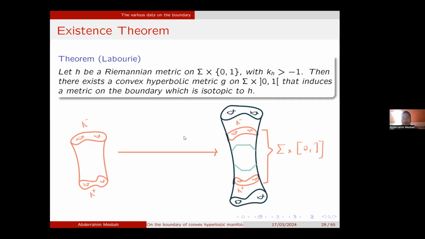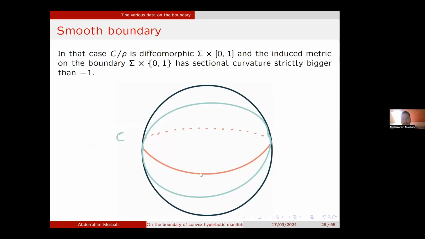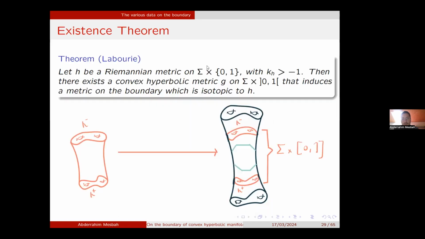So here on the right, the whole manifold, which is in black, is H3 by the quasi-Fuchsian representation. And this manifold here, which is in red, is this C, the quotient of C by the quasi-Fuchsian representation.